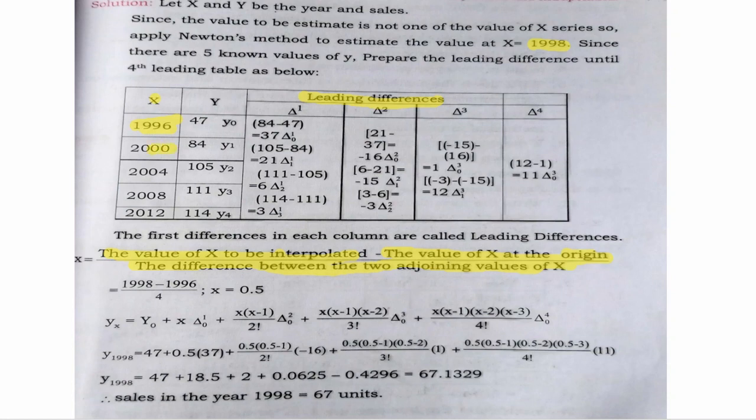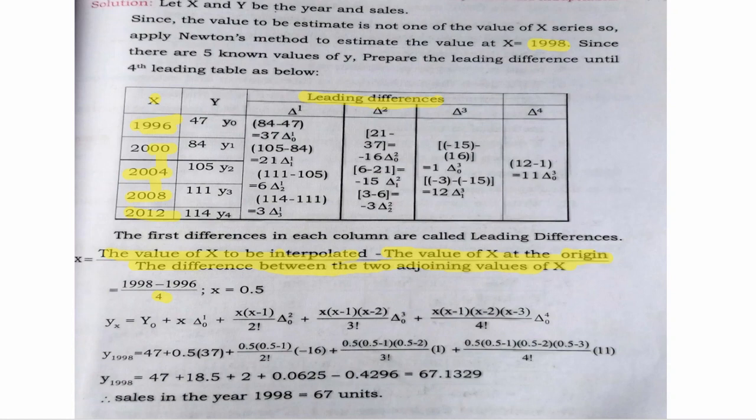From 2000 to 2004 it is again 4. From 2004 to 2008 it is 4, and from 2008 to 2012 it is 4. So the difference between two adjoining values of x is considered as 4.